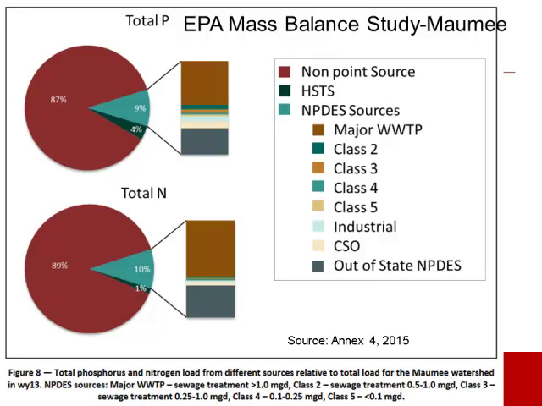I know you can't see in the back, and I can hardly read it from this angle, but when you look at total phosphorus, what's being attributed to non-point sources in the Maumee Basin? About 89%, isn't it? So it looks like some of those numbers we were just looking at previously.